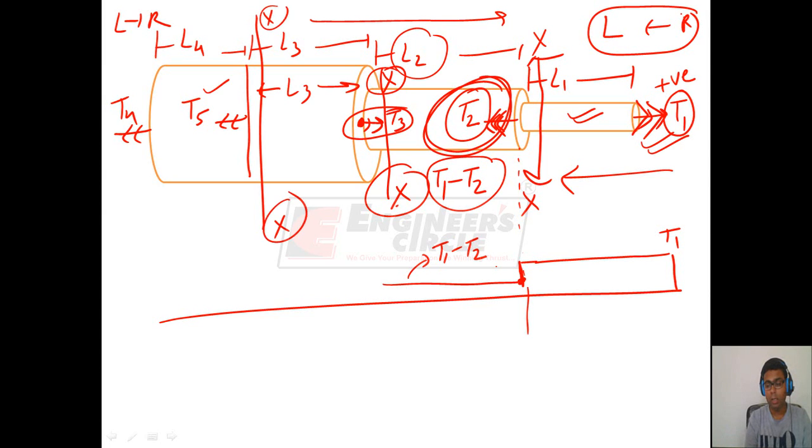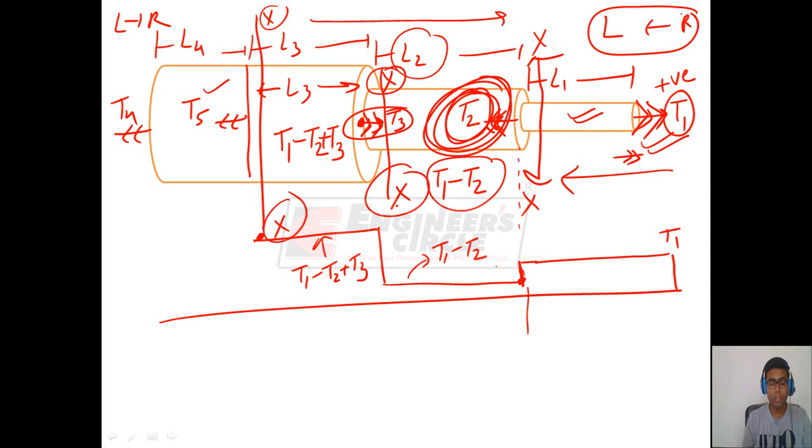The loads are T1, positive because it is acting in anti-clockwise direction, T2, negative because it is acting in clockwise direction, and T3, positive because it is acting in the anti-clockwise direction. So we have this torque up till this point, and this value is T1 minus T2 plus T3.